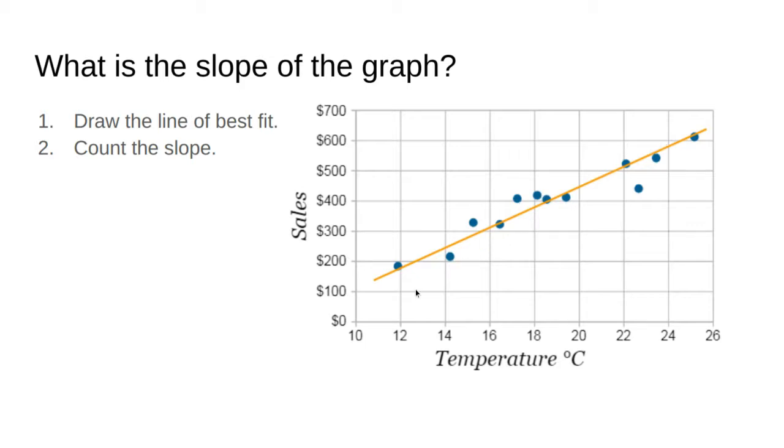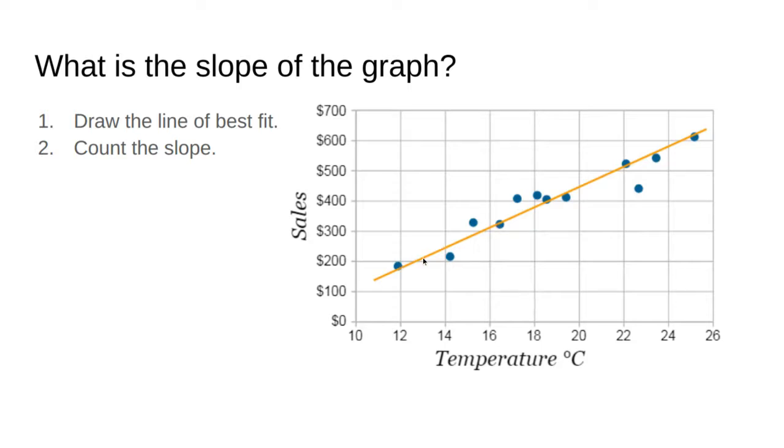Okay, now when you have to count the slope, you don't care about each individual scatter point. Okay, you don't care about each individual point. You are only looking at the line of the graph, the linear line. Okay, pick 2 points on the line and count the slope, the rise over the run between those 2 points.